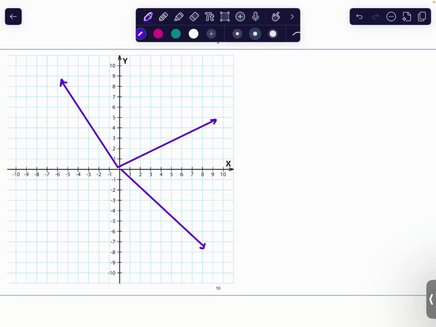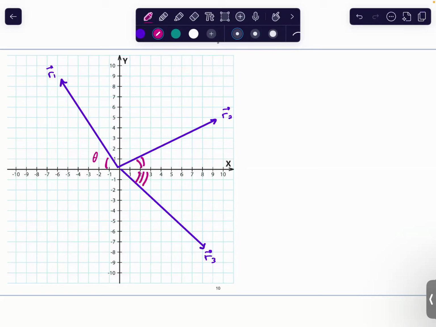Okay, so what we're going to have here. These are our position vectors. Now, we need some directions here. So let's say we have an angle there, one there, and one there.